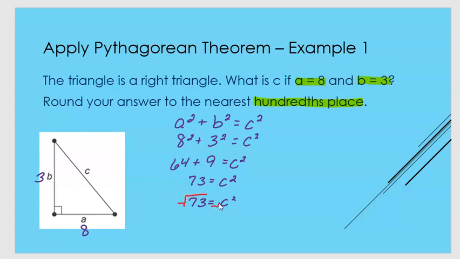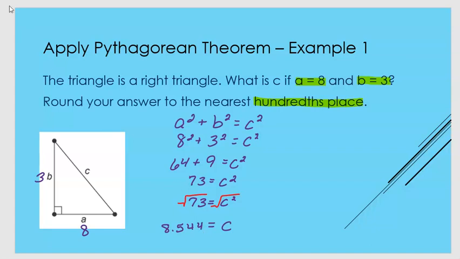So I take the square root of both sides, and that's going to give me my C over here, but the problem is 73 is not a perfect square. This is where I'm going to go back to the rounding to the nearest hundredths. So this actually gives me 8.544.